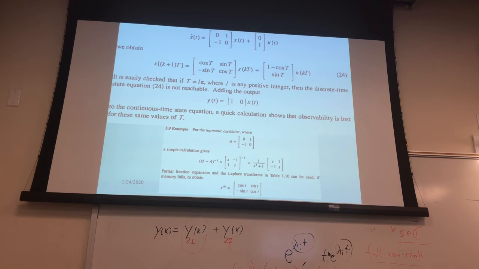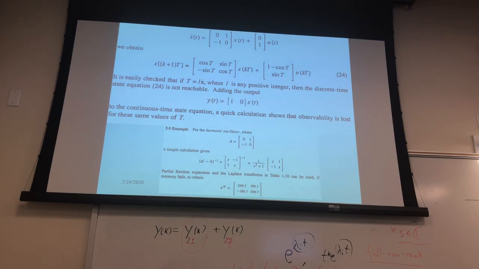Let's see an example. This is a system. Is this controllable? This is of course controllable. This is the output in continuous time. The discrete version has this, where this is e to the power of AT.